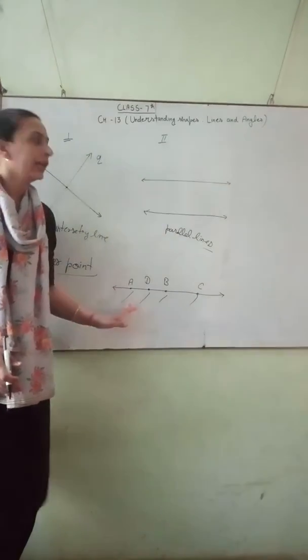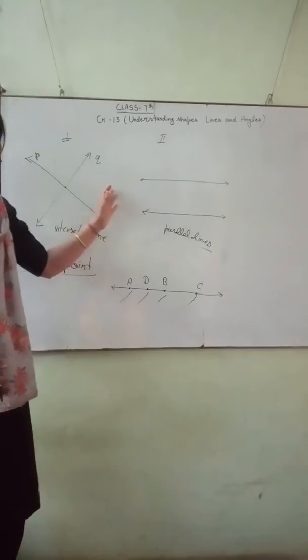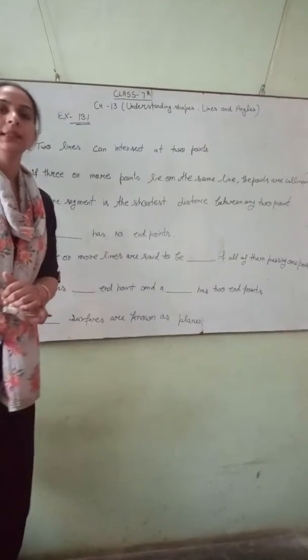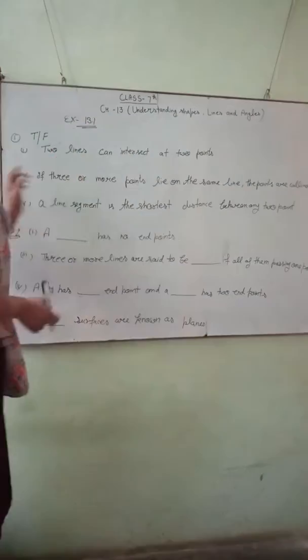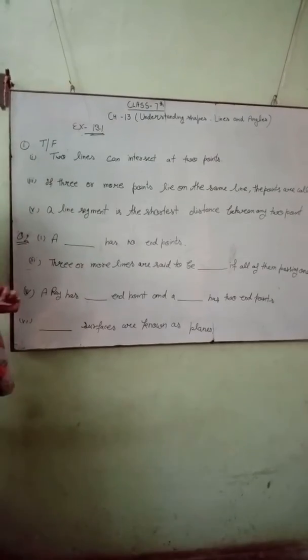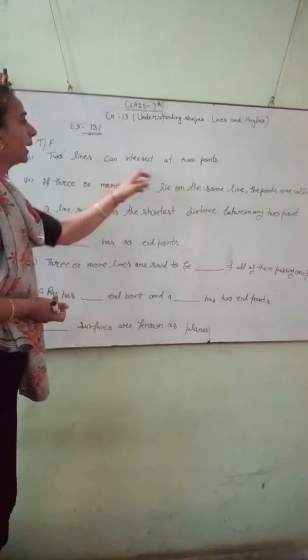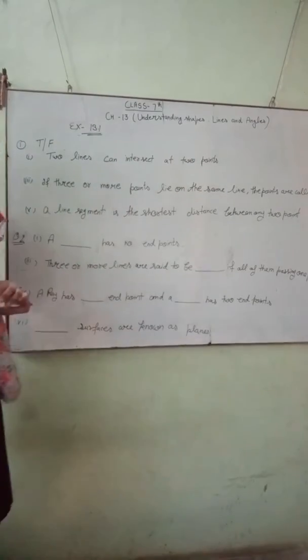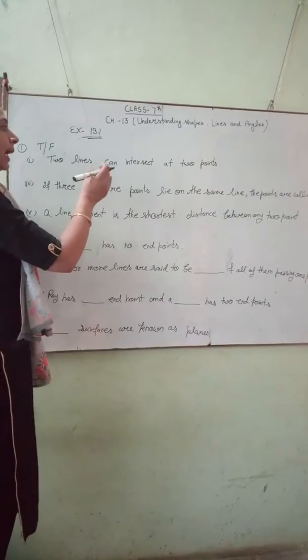Clear, students? Now we take exercise 13.1. Then question number first, true or false. Part number first: two lines can intersect at 2 points.